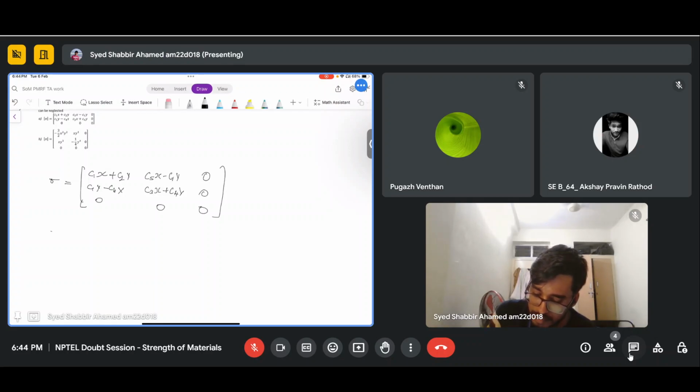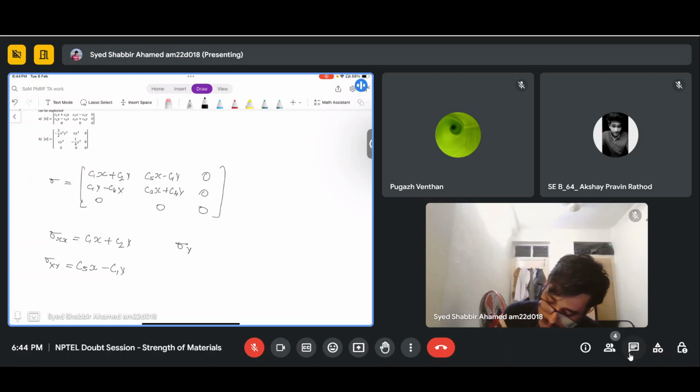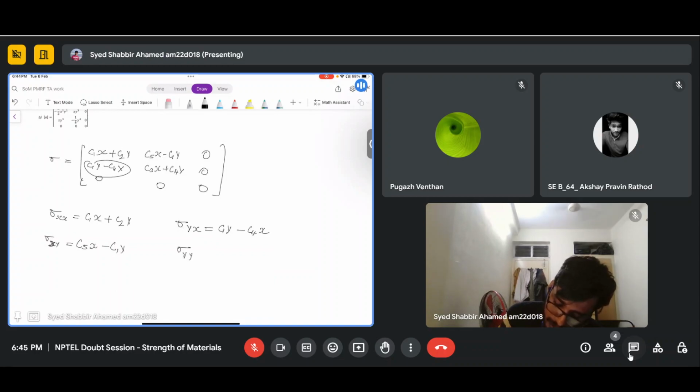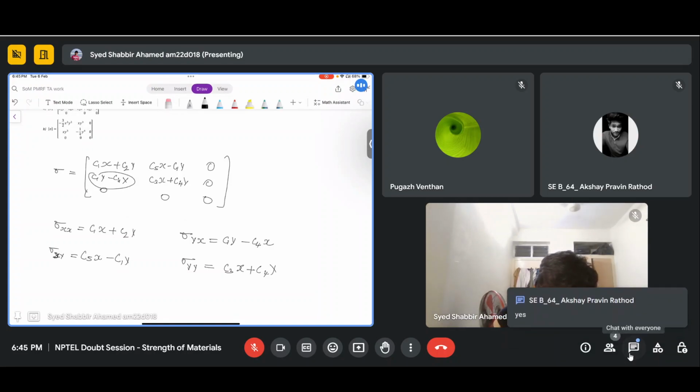Taking the individual components, I have sigma xx equals C1x plus C2y, sigma xy equals C5x minus C1y, sigma yx equals C1y minus C4x, and sigma yy equals C3y plus C4y.